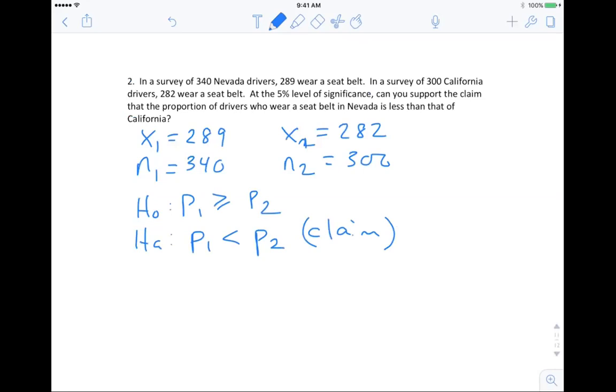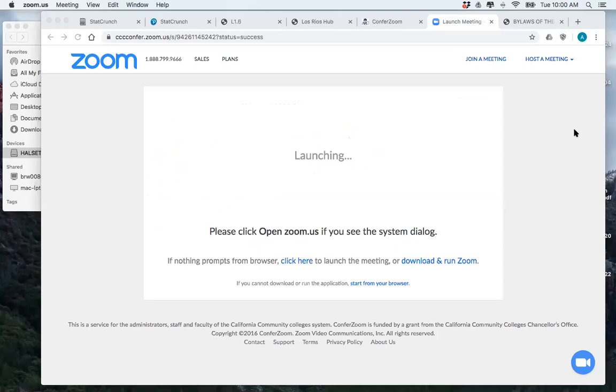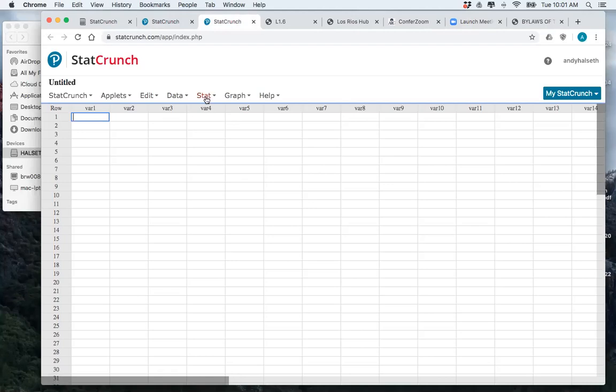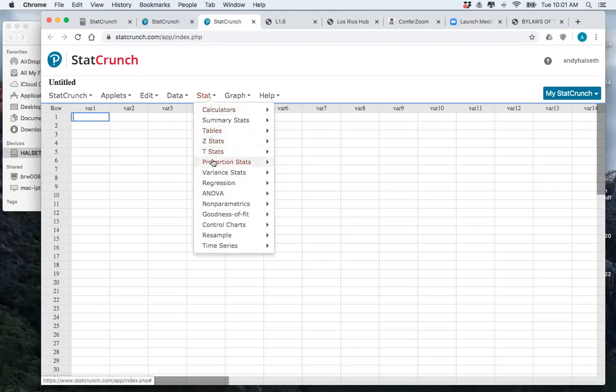Okay, so let me jump to StatCrunch. So you're just going to open a blank StatCrunch page. And this feature is under Stat, Proportion Stats, Two Sample, With Summary.